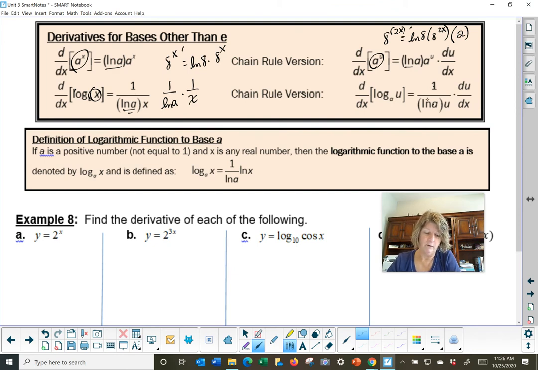So it's still 1 over natural log a, got it. It's still 1 over u, yep, and then it's chain rule derivative of du dx. So this could be seen as u prime over natural log of a times u.